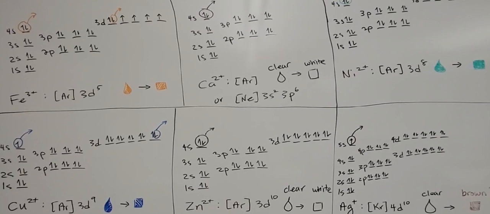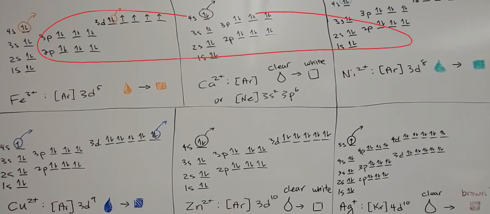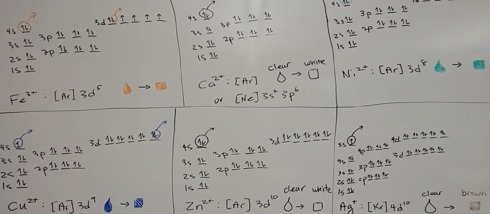But the question on your post lab is, what is the connection between the electron configurations, which is all up here done for you, and the colors of the solutions, which is summarized in this screenshot? I can't give you that answer. You've got to make that connection on your own.